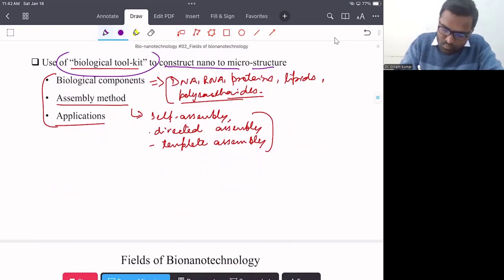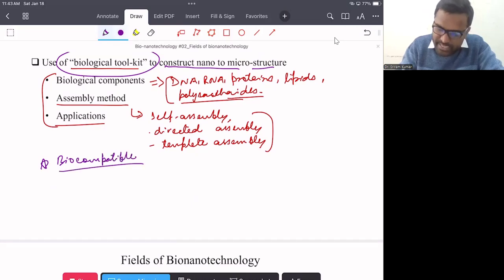This approach is more biocompatible, and it also mimics biological systems.